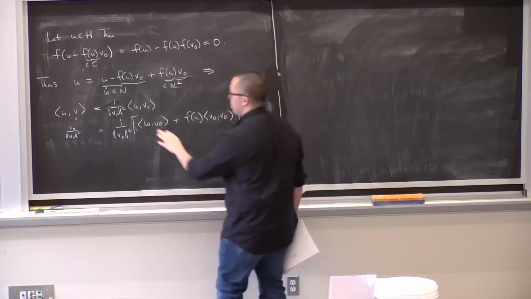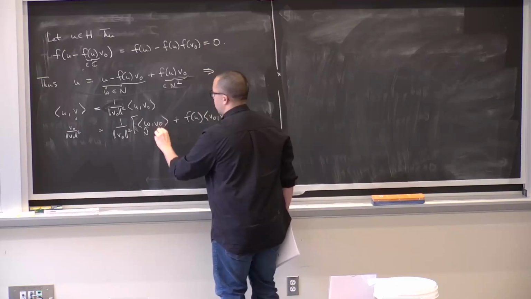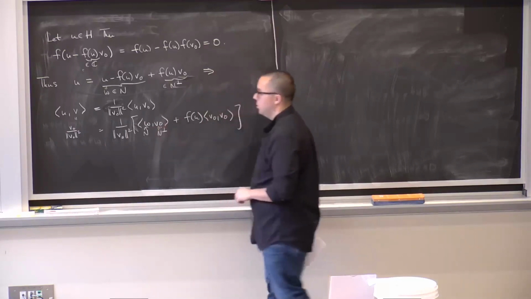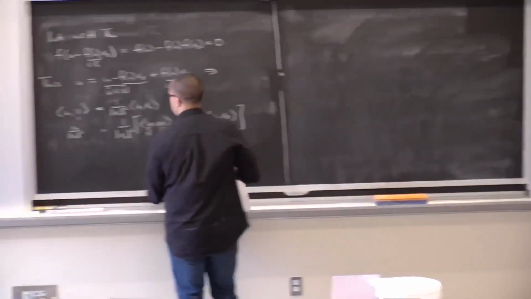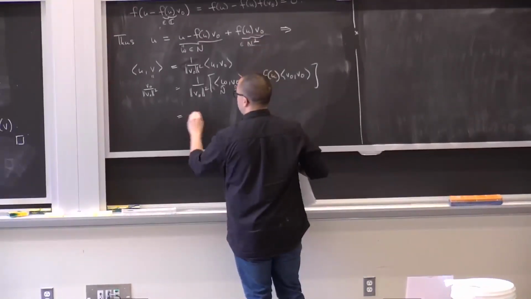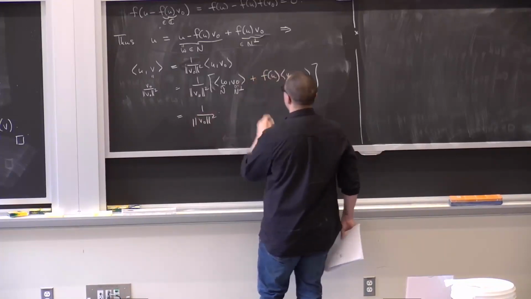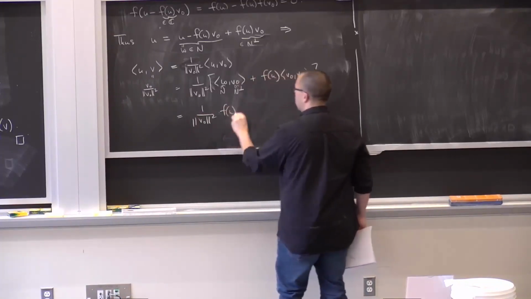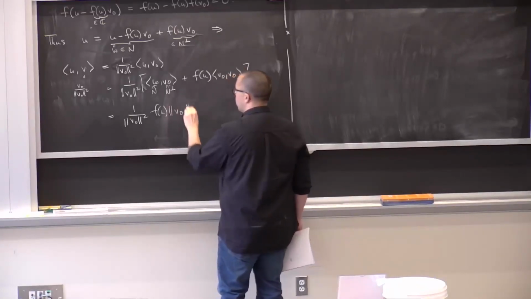And again, this thing is in N, V naught is in the orthogonal complement of N, right? So this inner product is 0. Times f of U times V naught inner product with itself is the norm squared.